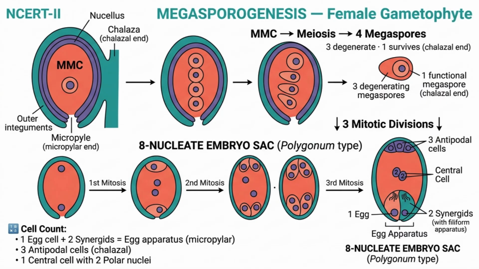At the micropylar end, the egg cell and 2 synergids, together called the egg apparatus. At the chalazal end, 3 antipodal cells. In the center, the large central cell with 2 polar nuclei. This is the polygonum type, the most common, and NEET loves testing the exact number of cells and nuclei here.